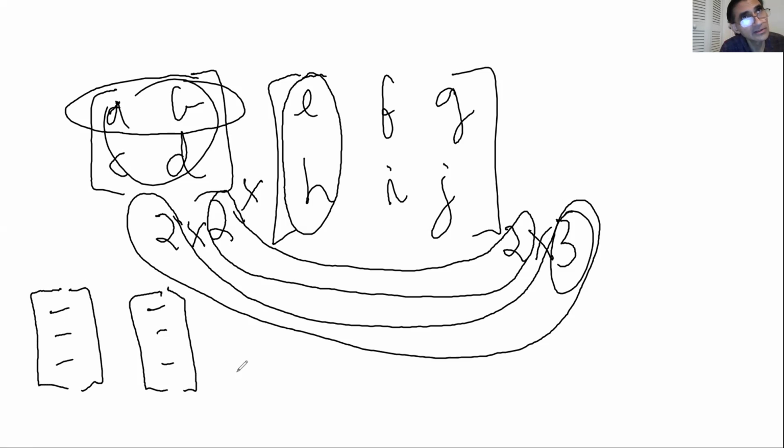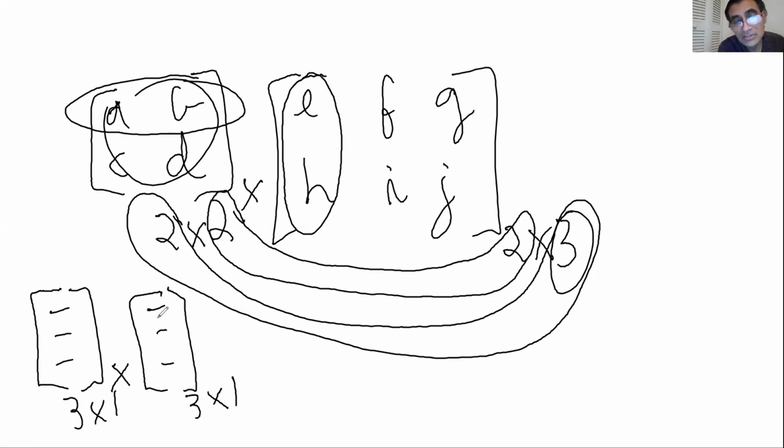I have a 3 by 1, and I have a 3 by 1. So I cannot do it. Why? Because the inside numbers don't match.